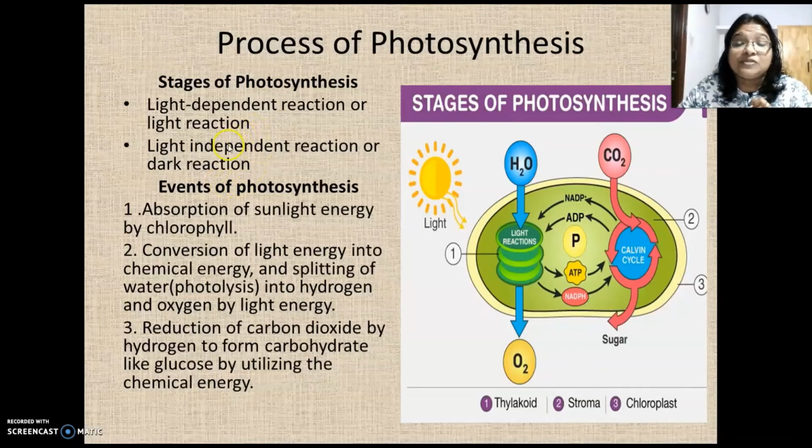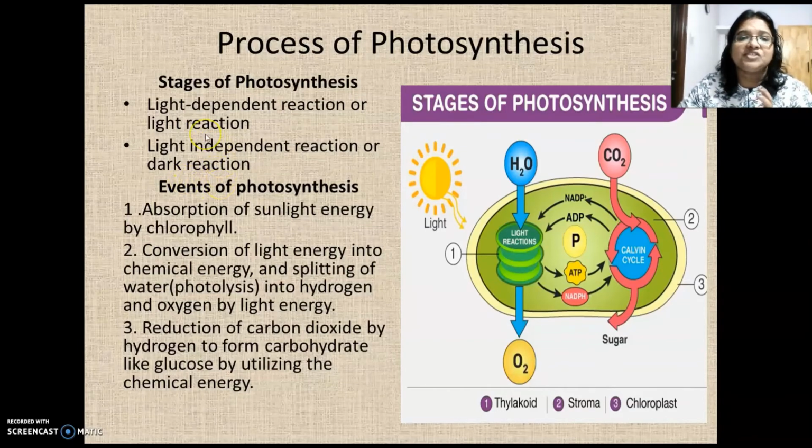I told you there are two stages in photosynthesis. One is dependent on light, another one is independent of light. The first one, which is dependent on the presence of light, we call light reaction. The second one, which is independent of light, we call dark reaction.